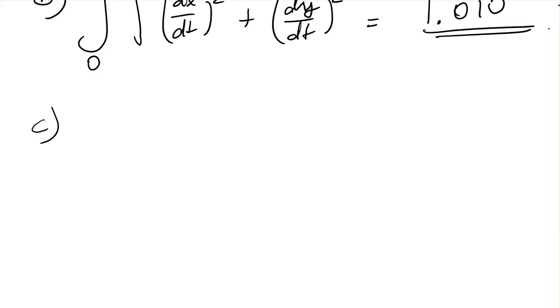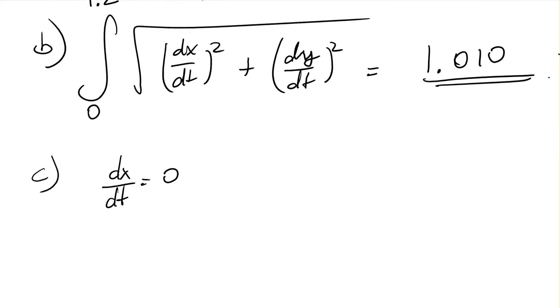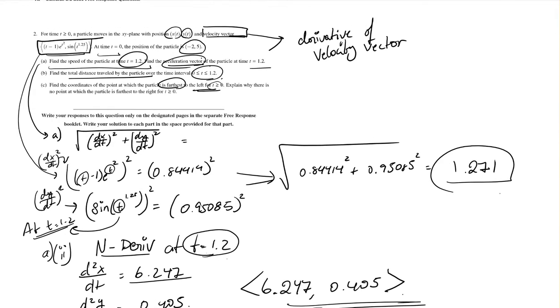To find furthest to the left, we first find where dx/dt equals 0, because we need to find a minimum to see when x is the smallest, because if x is the smallest, it's going to be more to the left, like negative.